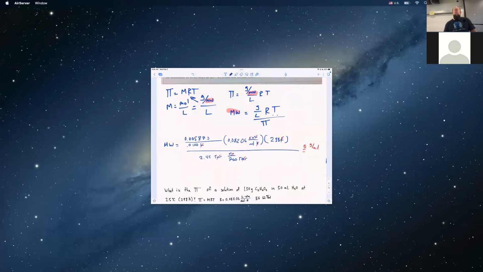And if you do that, you get 4,450 grams per mole. So that's a big number, right? 4,450 grams per mole. You know, water is 18 grams per mole.